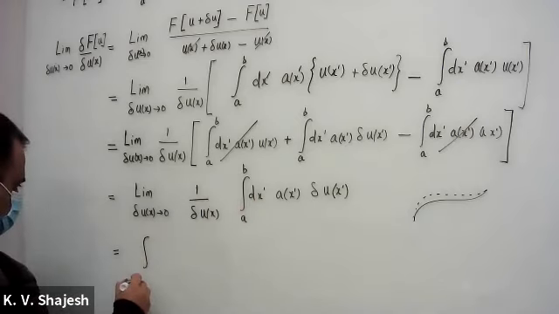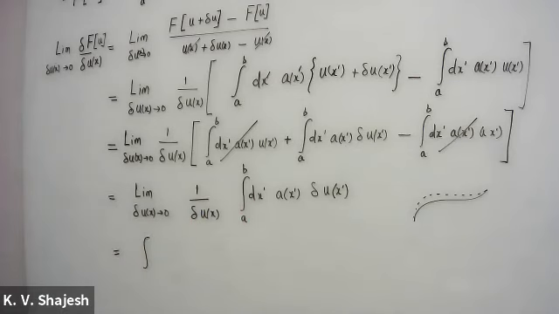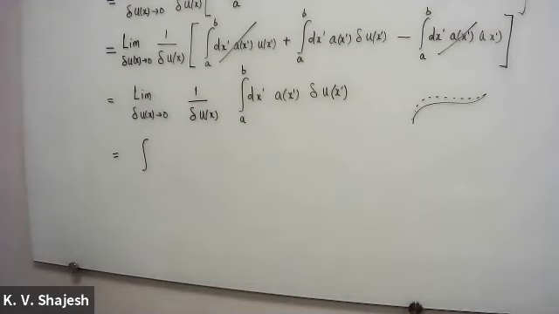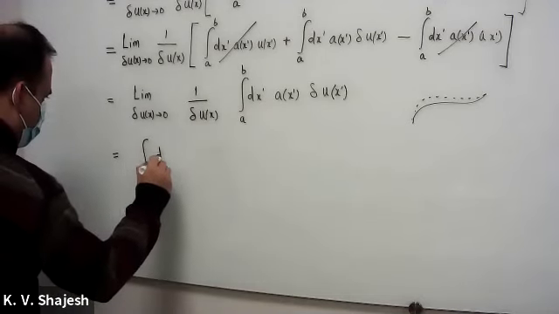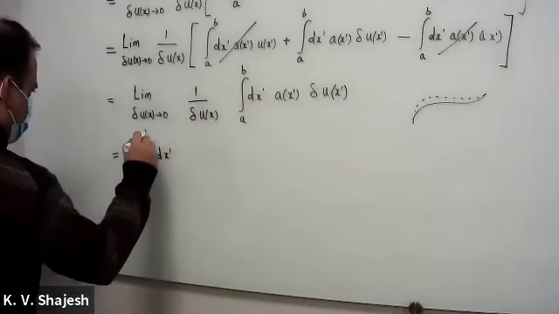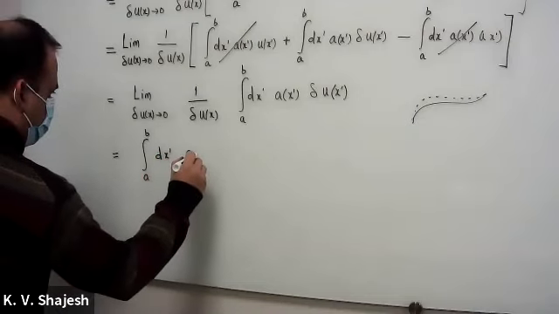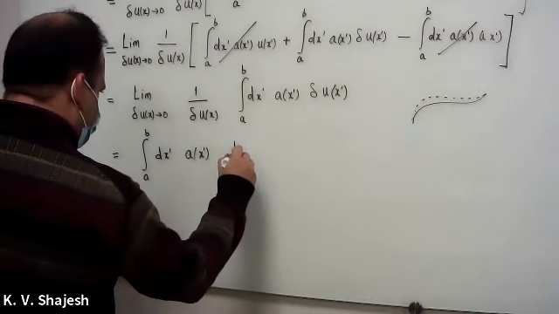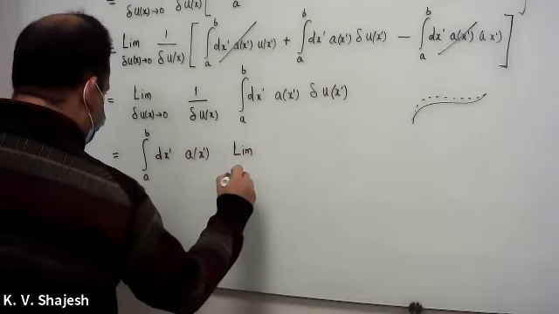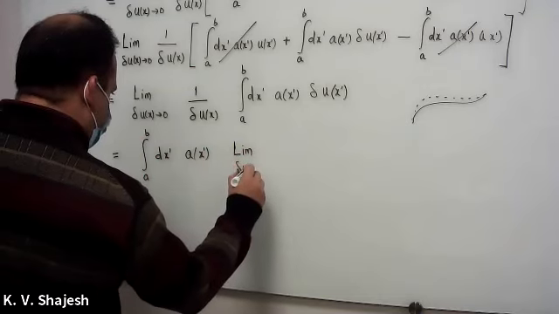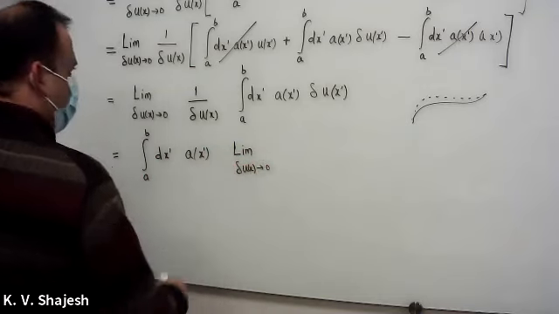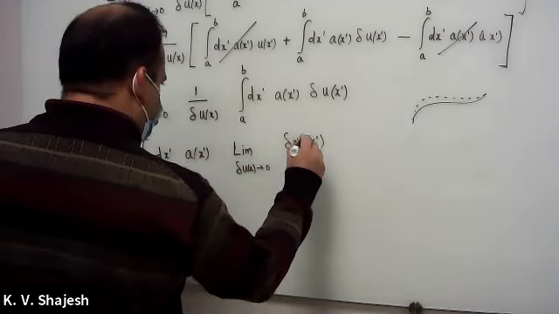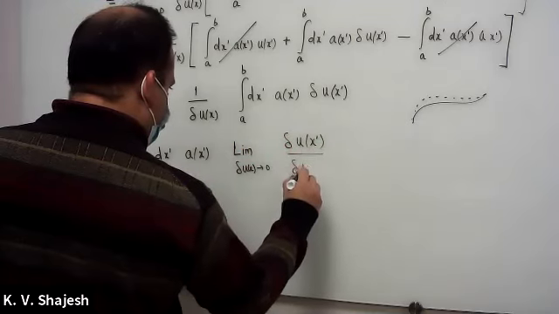So am I still in the boat? I think so. So that's the integral dx prime a to b, a of x prime, and you say this is delta u of x prime over delta u of x, with delta u of x tending to 0.